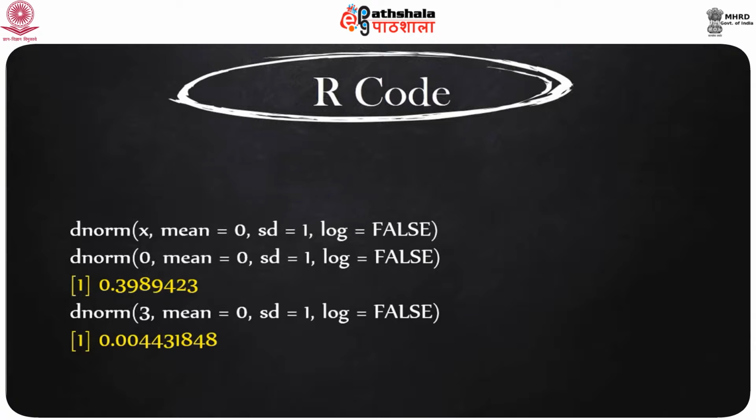Now, let us take up some special cases. If we fix our x at 0 for a standard normal distribution, then we need to write dnorm, then within brackets 0, comma, mean = 0 and standard deviation = 1. That is for the standard normal distribution, and then log = FALSE, and then we will come up with this density.